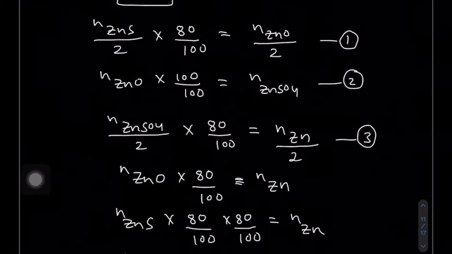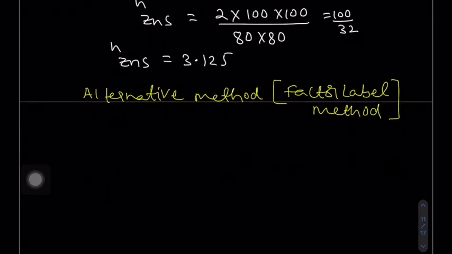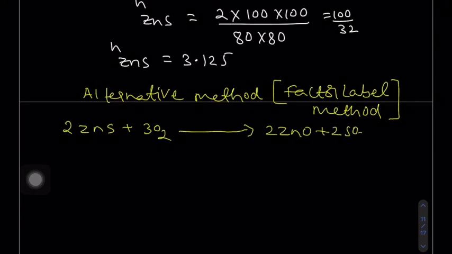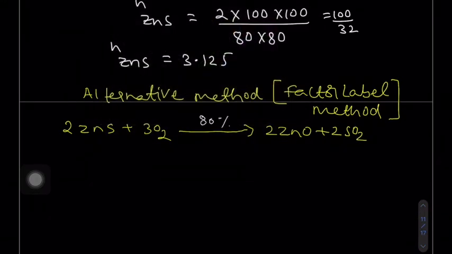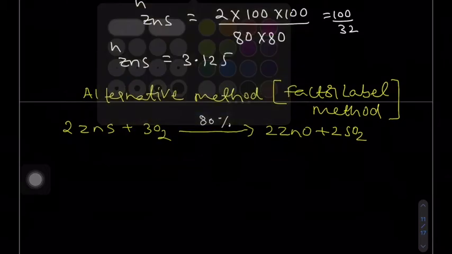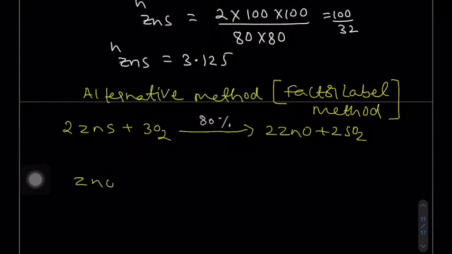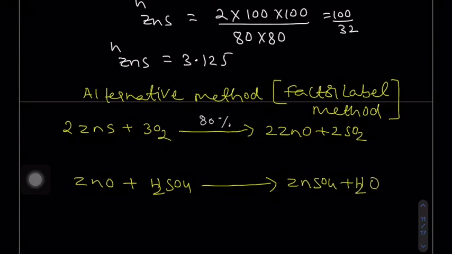I am once again writing the equations here. Number 1: 2ZnS plus 3O2 to give 2ZnO plus 2SO2. In this, the percentage of yield given to you is 80%. Next, ZnO plus H2SO4 gives ZnSO4 plus H2O.